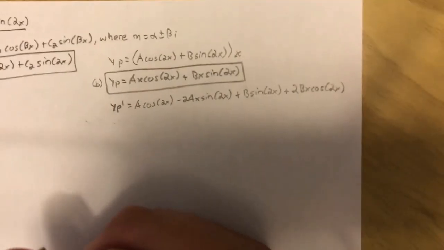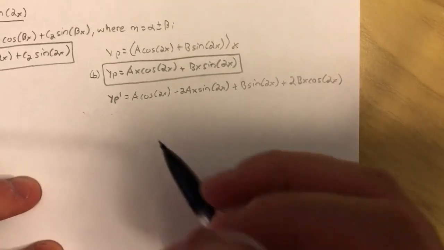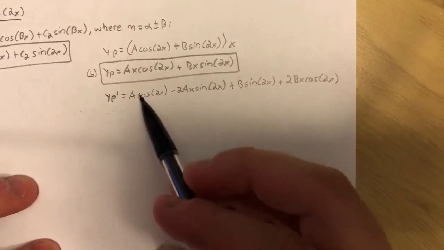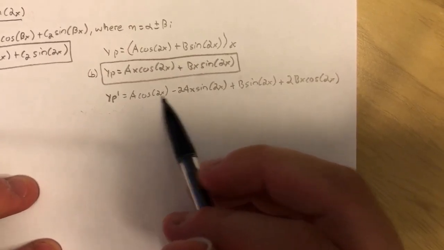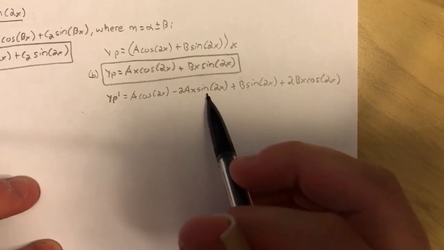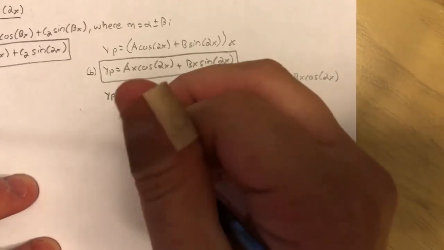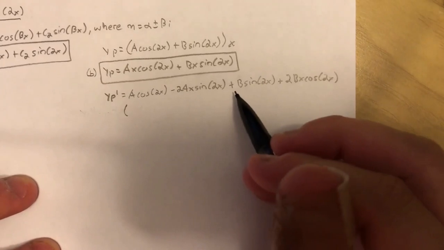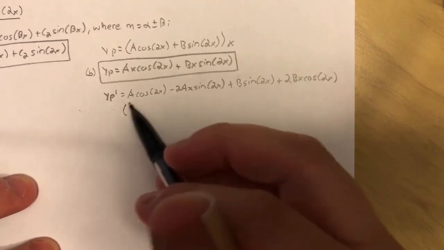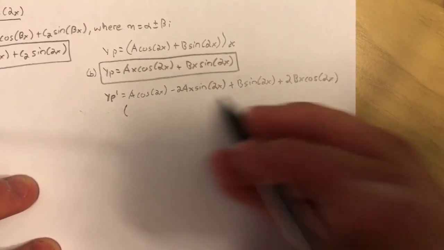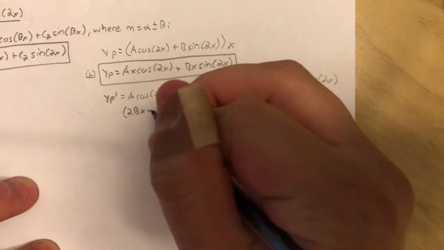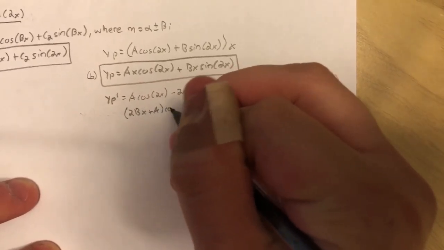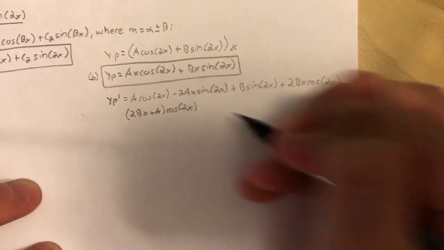Okay? So after finding the first derivative, I like to group the coefficients associated with cos 2x and group the coefficients associated with sine 2x. So let's do that. Let's just put b first. So for cos 2x, we have 2bx plus a times cos 2x.